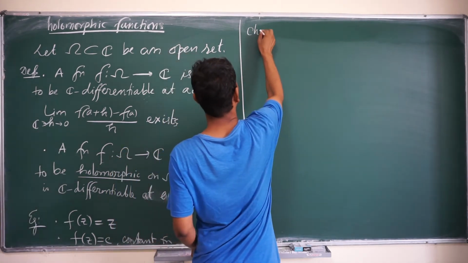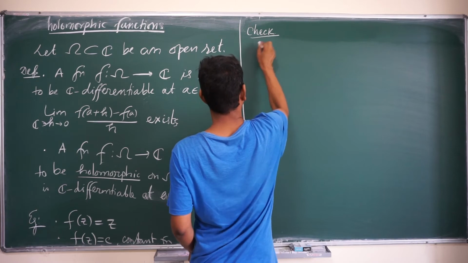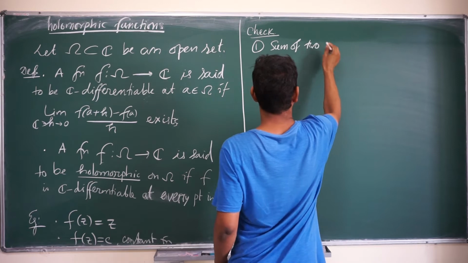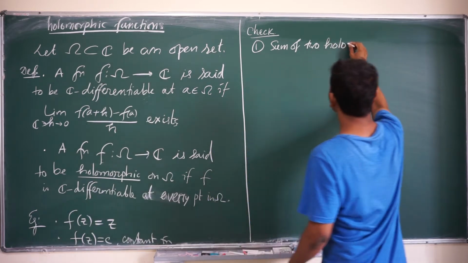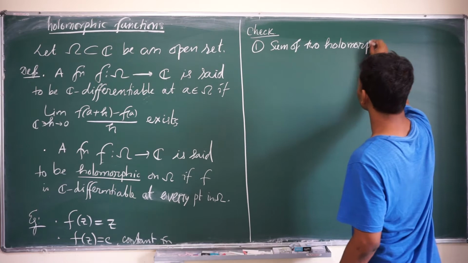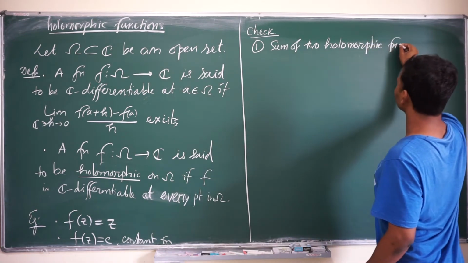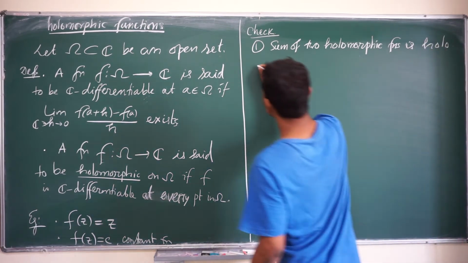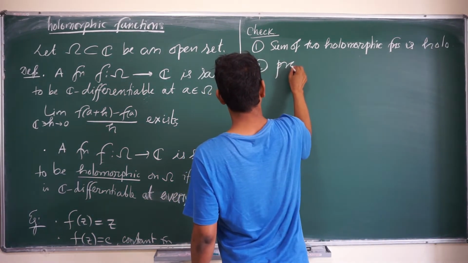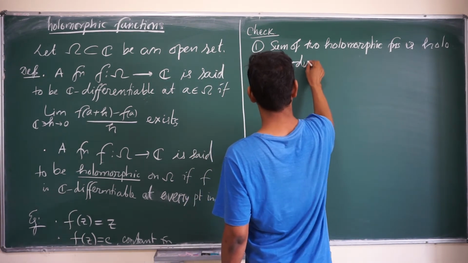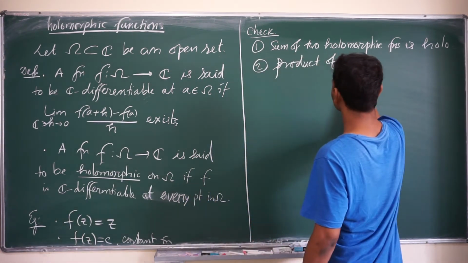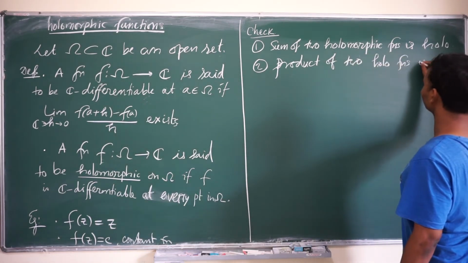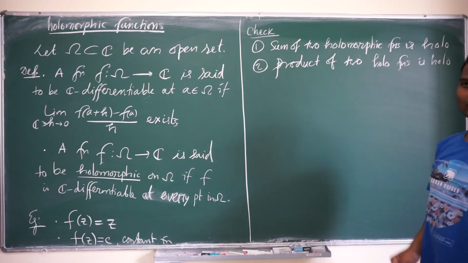A few things to check as an exercise. The sum of two holomorphic functions is again holomorphic. The product of two holomorphic functions is holomorphic.